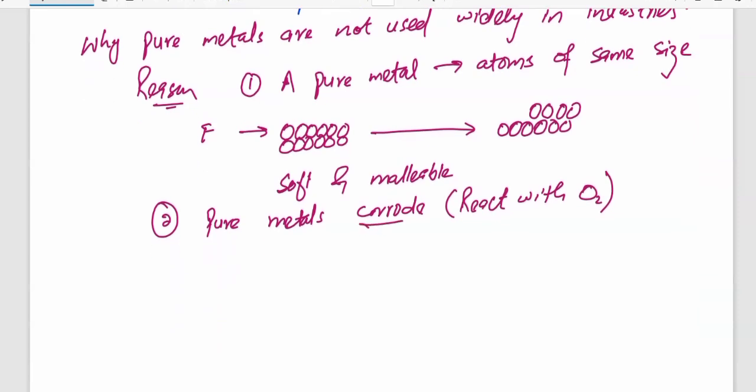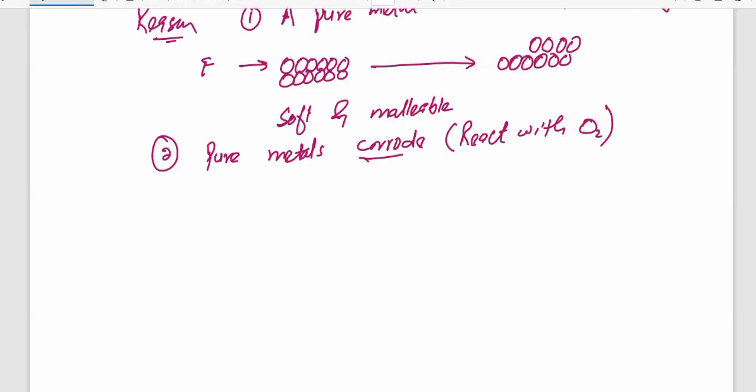So that's why we have to use an alternative, that is alloys. An alloy is when a metal is mixed with other elements.